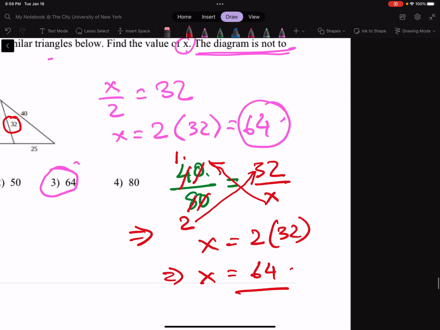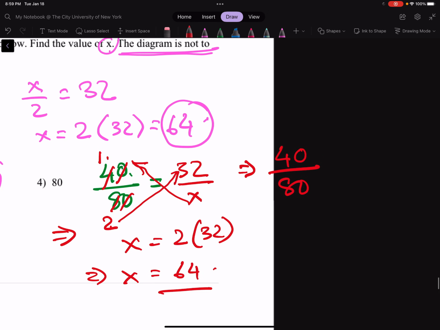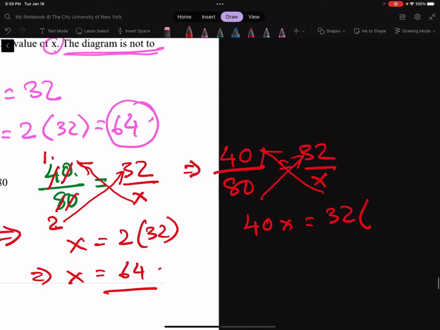Or if you find simplification is critical, you can keep it like this, 40 over 80 and 32 over x. So cross multiply, cross multiply. So 40x equals 32 into 80. Okay, so we need to isolate x, so divide by 40.